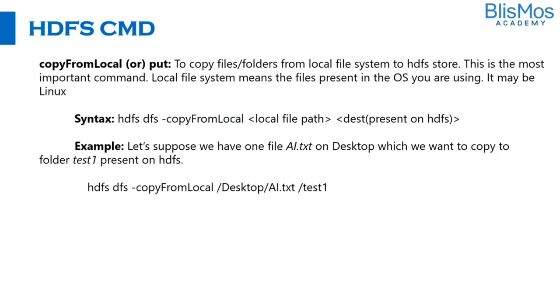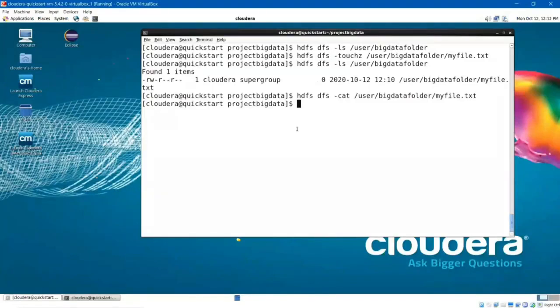In order to do that, we have to use copyFromLocal. This command is not the same as a Linux command; it is very specific to HDFS. So how does it work? We say hdfs dfs copyFromLocal, and we provide the local file path, which is where your file is, and the destination, which is the folder where you want to copy the file. So let us go and check this.